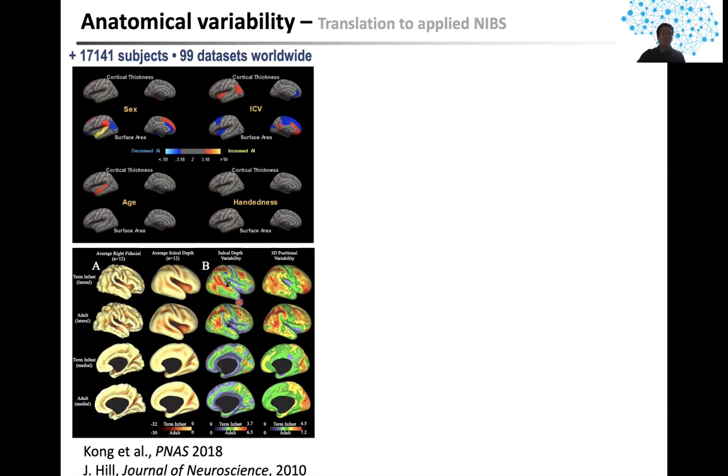And when we are looking into one of the largest data sets so far, the ENIGMA cohort study from Kong and colleagues, then we see that sex is strongly influencing cortical thickness in areas also including huge areas of the frontal brain, and also brain size is strongly influencing cortical thickness.